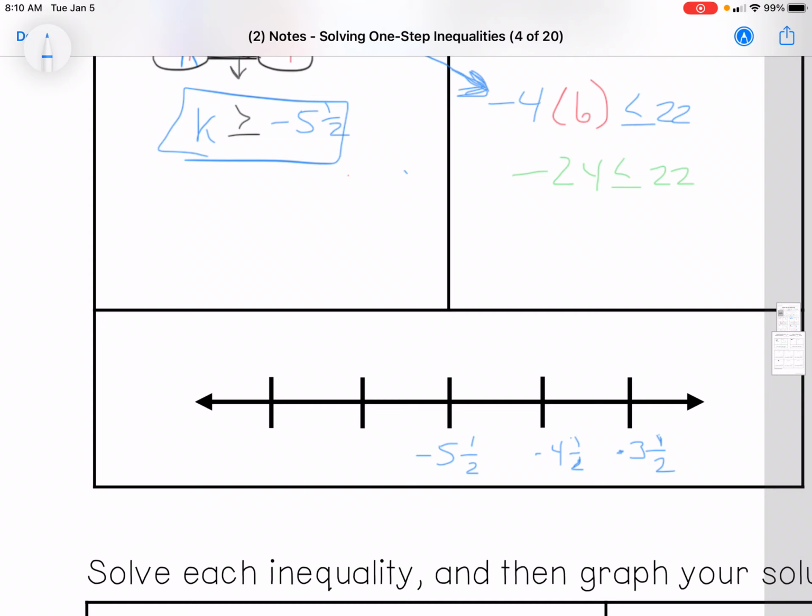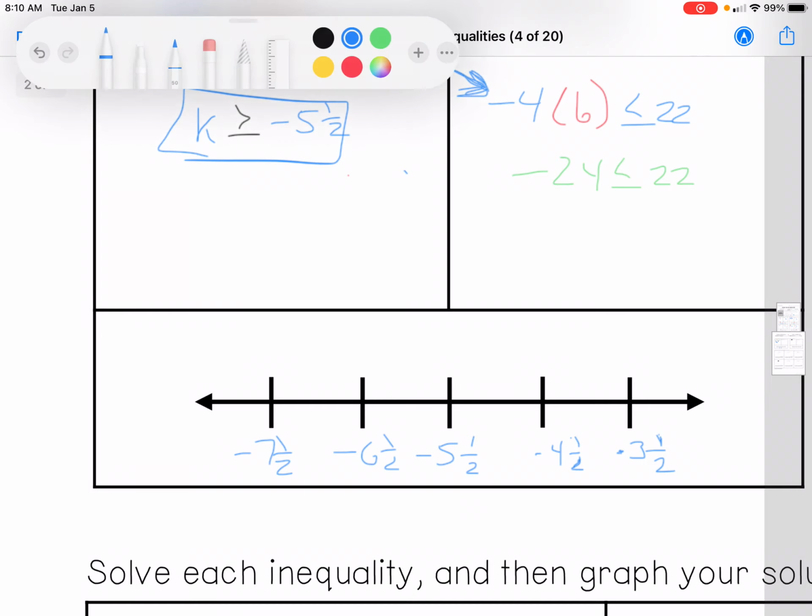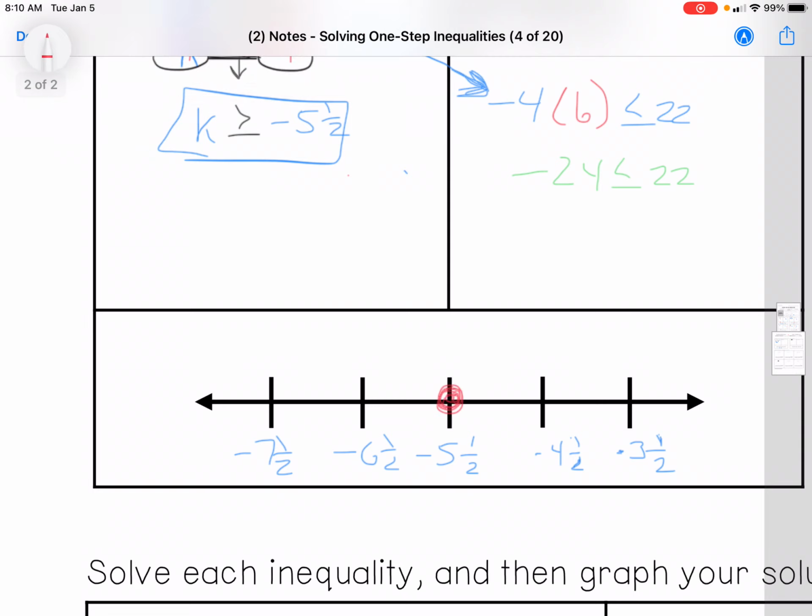So look how my numbers are going, and it's because we're on the negative side of 0. All right, so it can be equal to, so we're going to put our closed dot. And it is greater than, goes to the right.